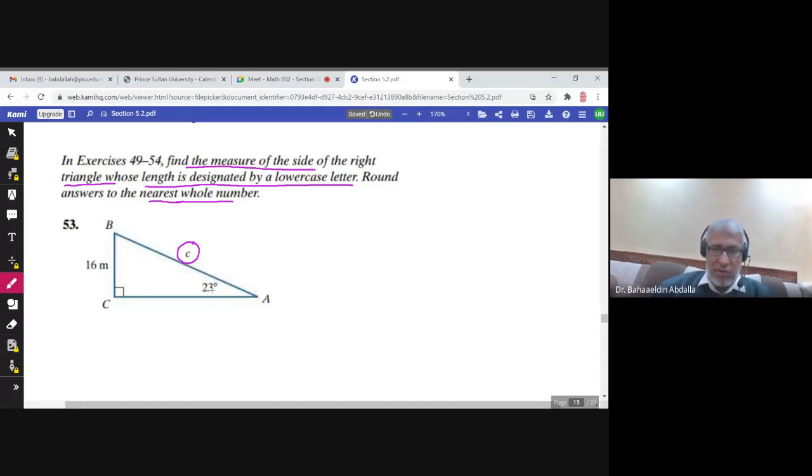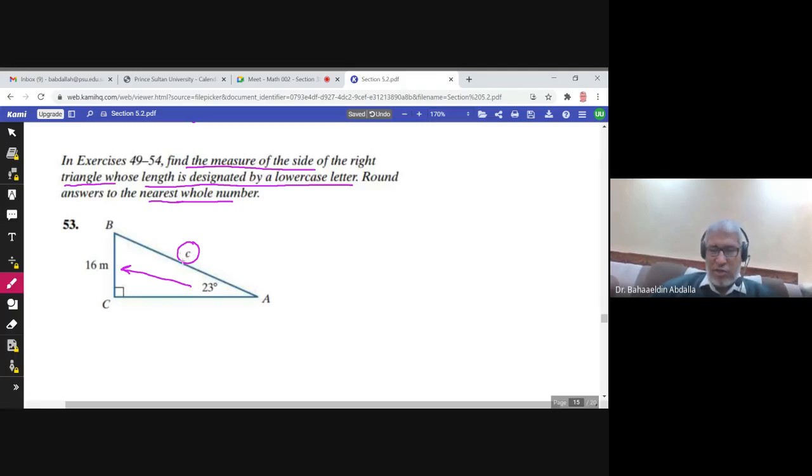Now I have 23. The angle is 23. I know that the opposite side to this angle is 16. The length is 16. And I need the hypotenuse, because C is opposite to capital C, so it is the hypotenuse. So I need to think what is the trigonometric function that uses opposite and hypotenuse.